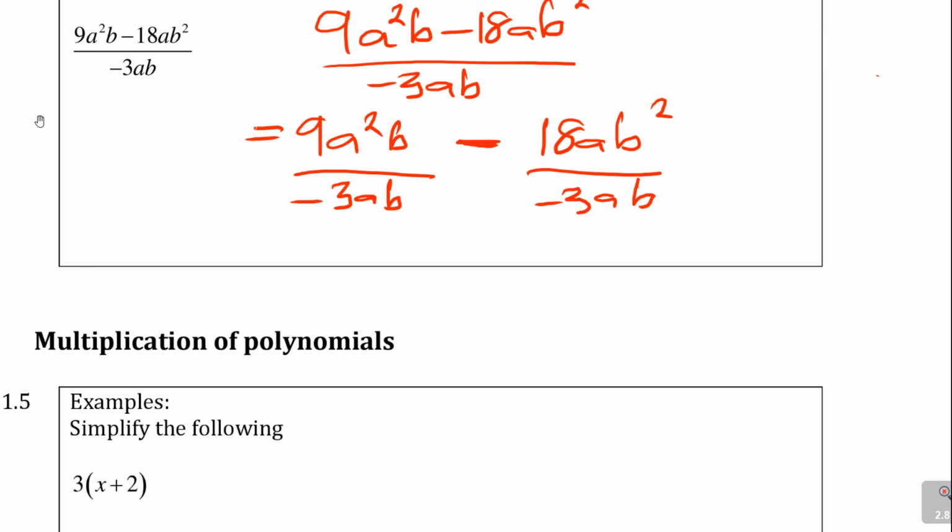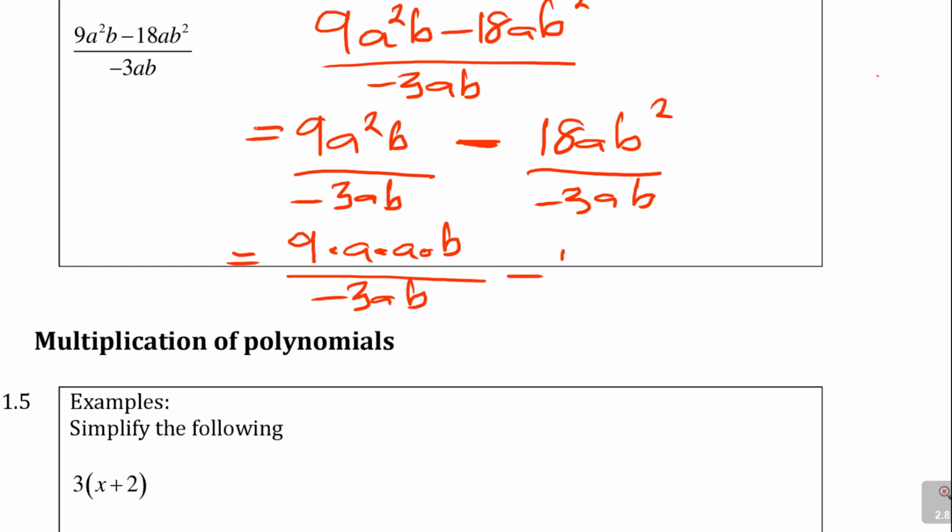But you can go on here and understand what this 9a squared b is. It means it's 9, but a squared is a times a. Remember, this particular square belongs to a. Don't forget, not to b. b is simple, the only b in the first one. Then you divide by negative 3ab.